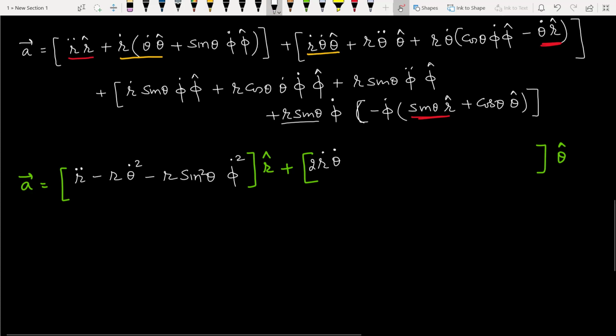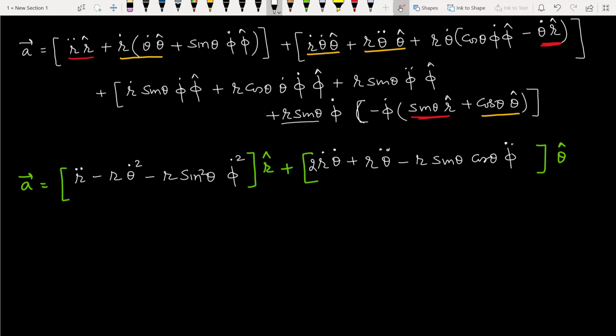So we write here 2. Then this term, r theta double dot. So no term here. So last term is this one. It is minus r sin theta cos theta phi dot square.